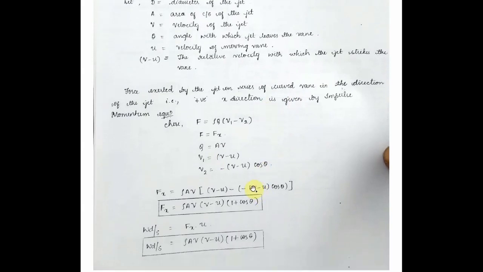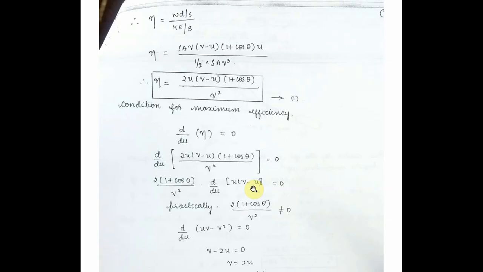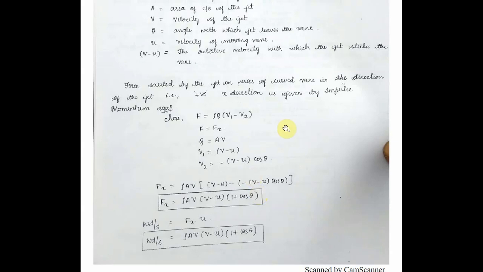Minus sign means opposite to the flow. Therefore the force in the x direction is rho into A into V into V minus U minus of minus V minus U into cos theta. Putting the values, we get F of x is equal to rho into A into V into V minus U into 1 plus cos theta.